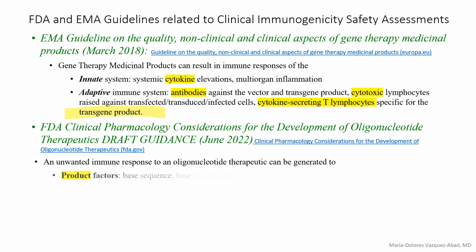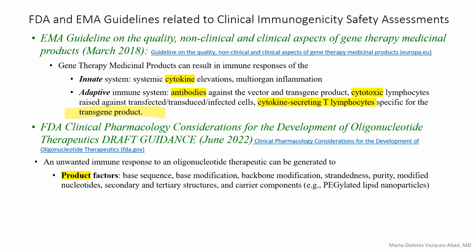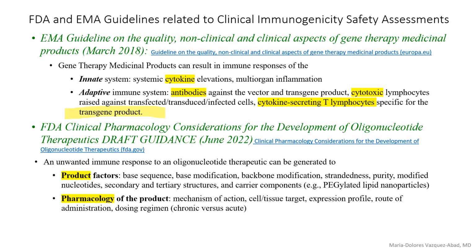The FDA is telling us in a different way that we need to identify potential immune responses that are triggered by the product. And this is where they're talking about the sequence of that product, that oligonucleotide. They also tell us the pharmacology of the product. So the mechanism of action could actually increase the T cell response, for instance.